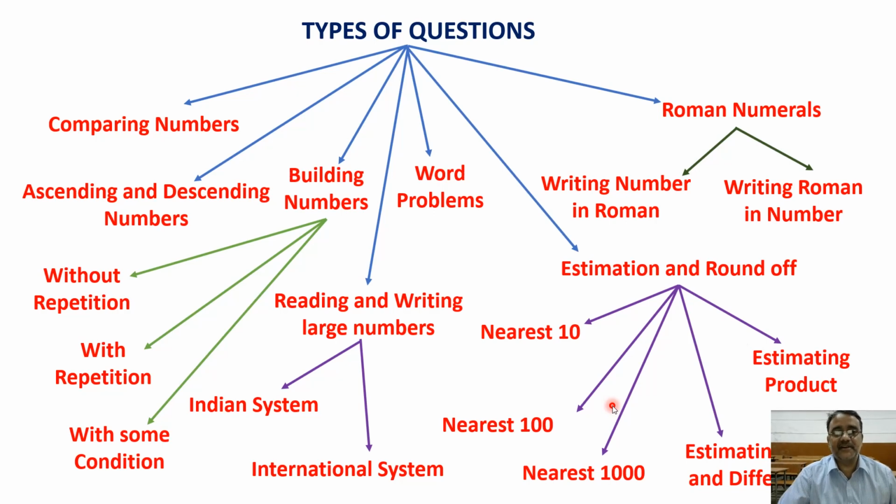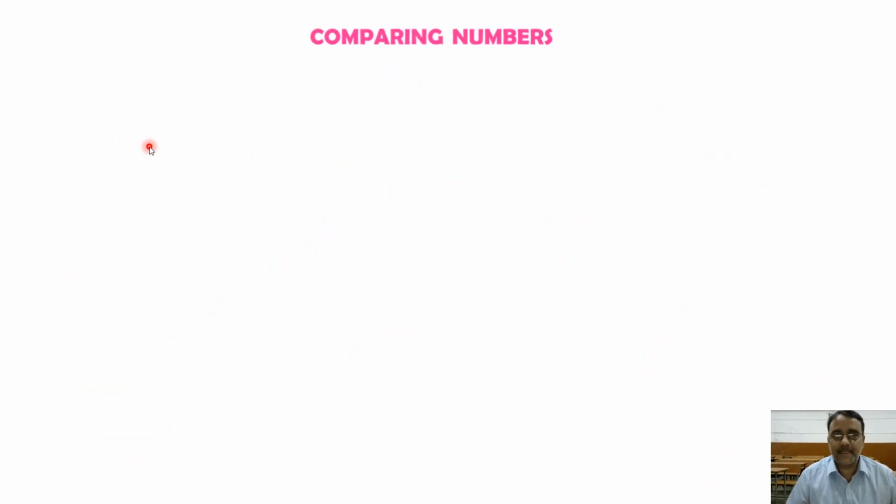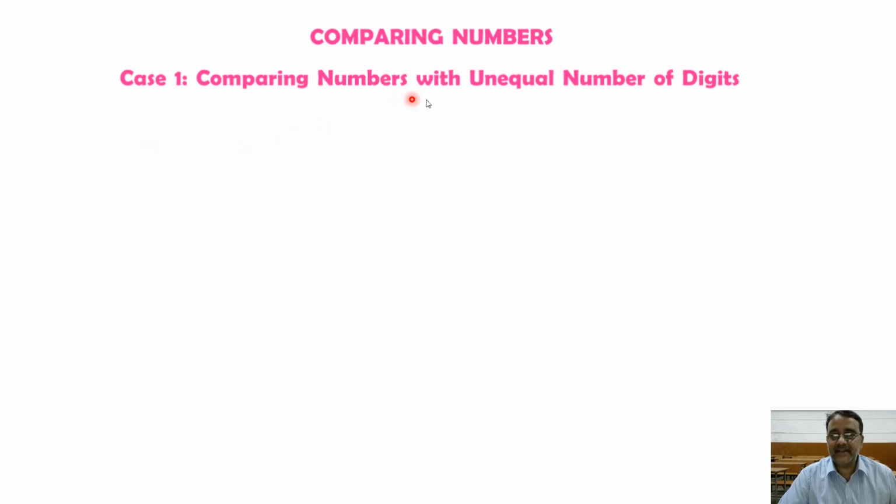So let us start with the first topic, comparing numbers. In comparing numbers, I told you about some different cases with different numbers of digits, right? Case number 1, comparing numbers with unequal number of digits. If two numbers are there such that one number has 5 digits and the other has 3 or 4 digits, you can easily compare the numbers.